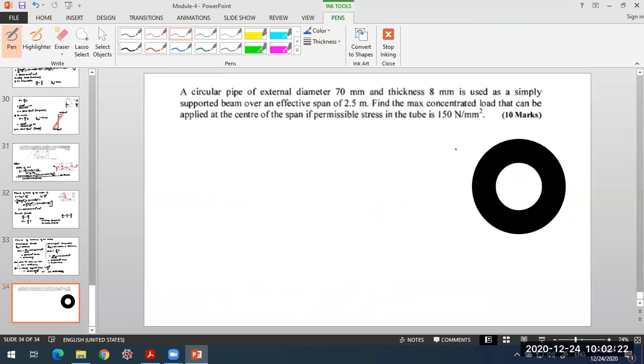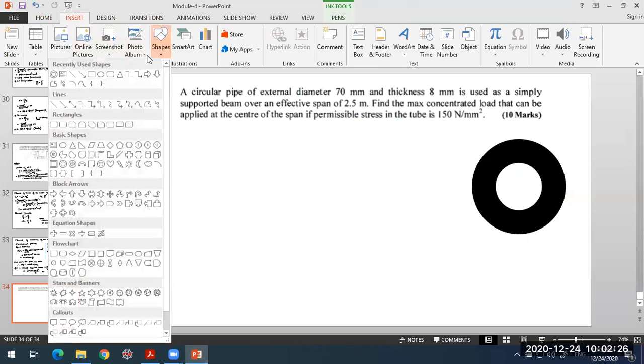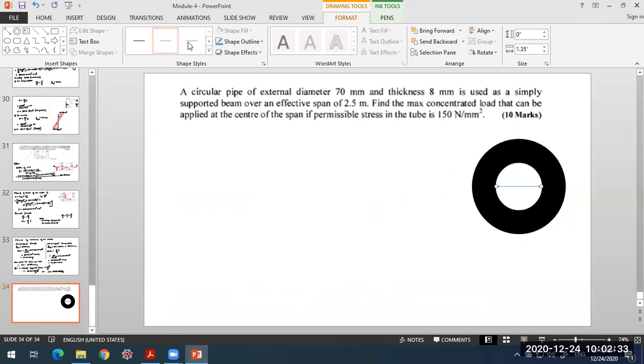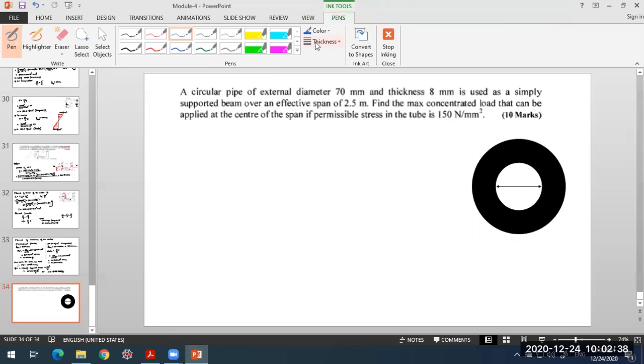That is this internal diameter, it is 70 mm here, and also the thickness of the section is given to us. And what about the thickness? The thickness of this wall is 8 mm. So this wall thickness is 8 mm.